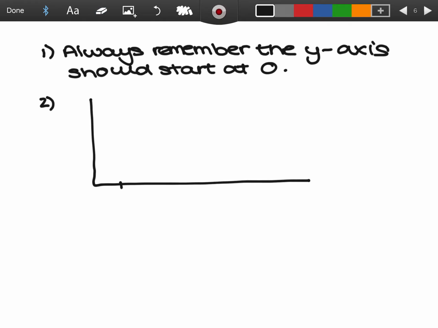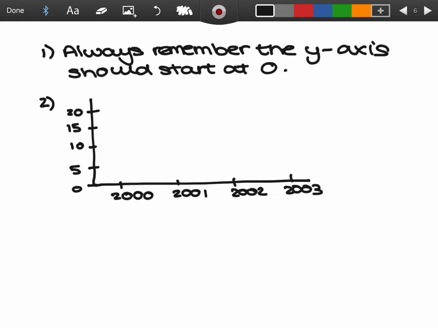However, let's say years were on the x-axis there, and let's say that the y-axis was how many exams I had in a particular year, okay? So what I would do, let's say, I'll go up in 5s here. I'm looking at how many exams I had in a particular year.